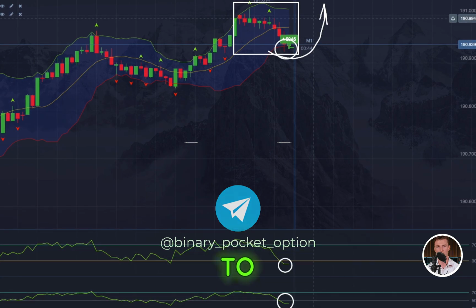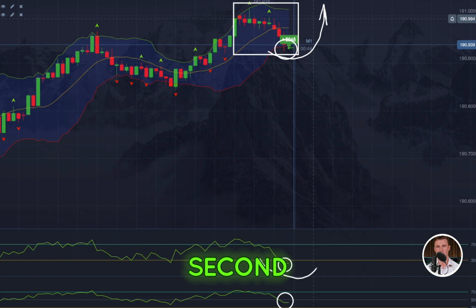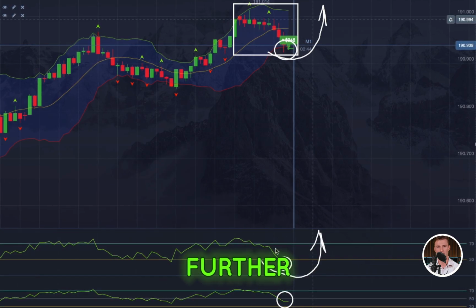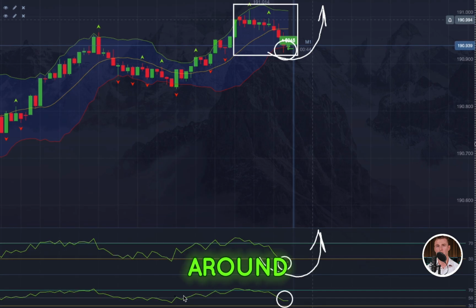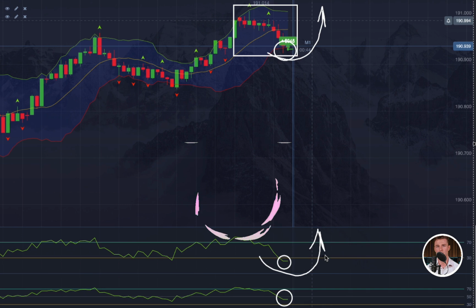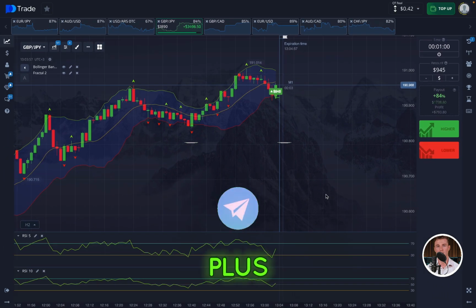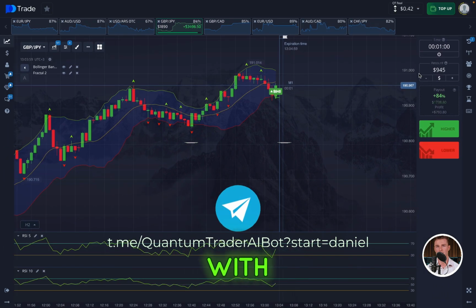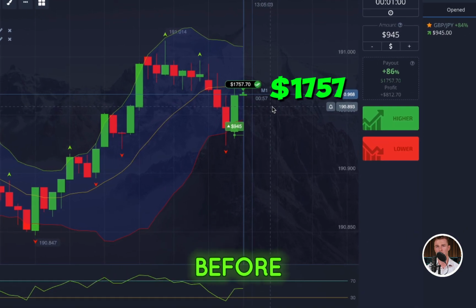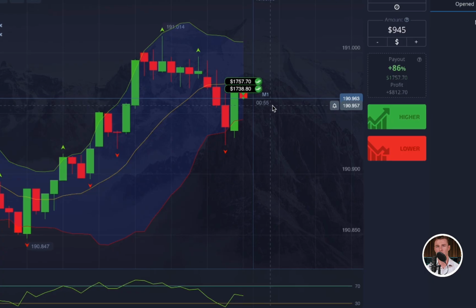And also according to the dynamics of the second oscillator, I see that in general, further dynamics should also turn around and go to the top, which actually has already happened, and transactions are closing in a plus without problems. We started with 1,000 and I see an excellent profit now before my eyes.